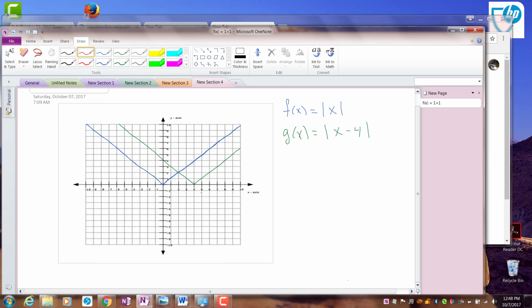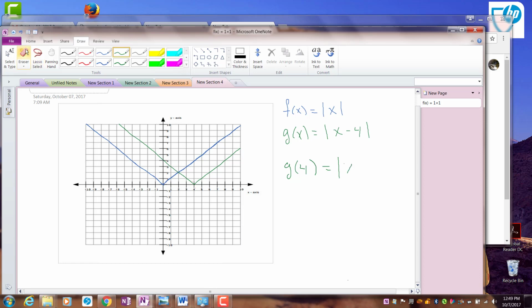Now some of our intuitions would tell us that when I see a minus sign, the transformation would go to the left horizontally instead of to the right. Let's just take a look at why that's not true. Let's say we plugged in an input value of 4 into the g of x function.